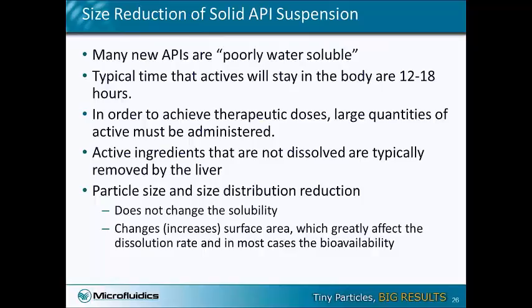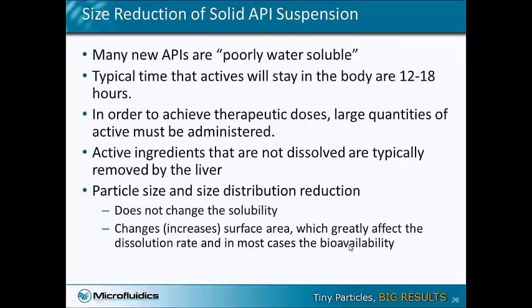I want to point out that reducing the particle size will not change the solubility. What will change is that by reducing to smaller particles, you're increasing the surface area, which increases the dissolution rate.